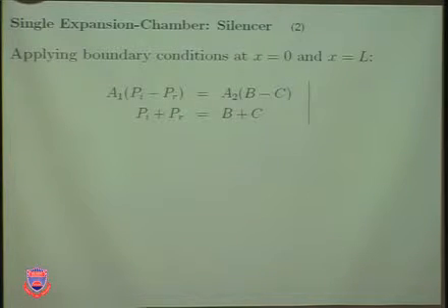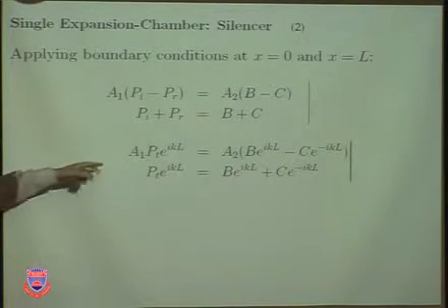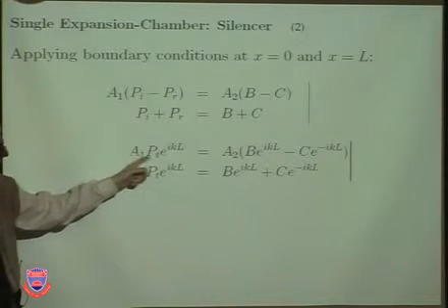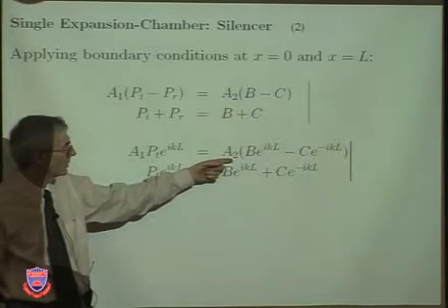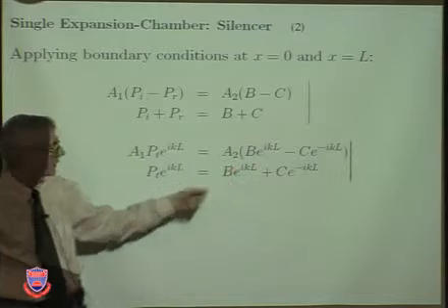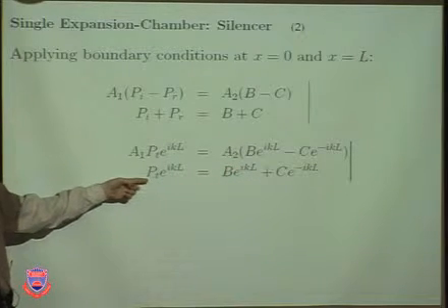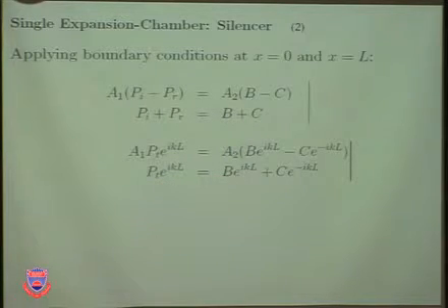Particle velocity gives you the upper one, and pressure gives you the second one. Now we're going to x = L. Particle velocity is written in terms of pressure transmitted and also particle velocity inside the chamber. And similarly, pressure transmitted and pressure inside the chamber.